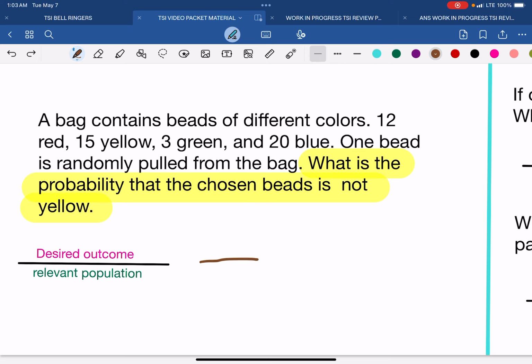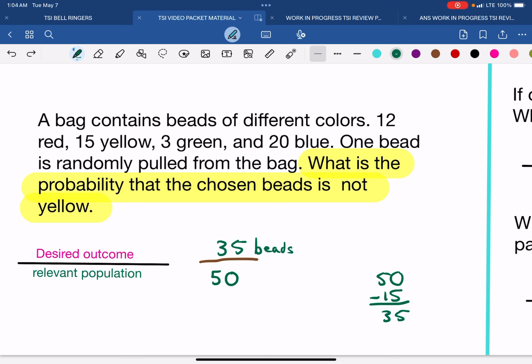It's the same bag that we did in the other question. So we know that there are 50 beads, but how many of them are not yellow? Well, there's 15 yellow. So we're going to subtract 15 from the 50 that we have in the bag. That is equivalent to 35.